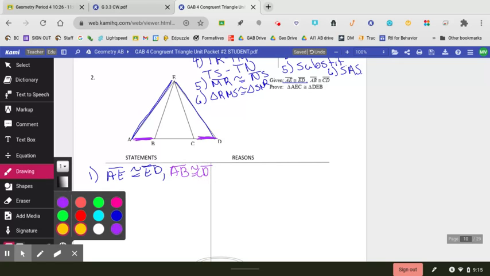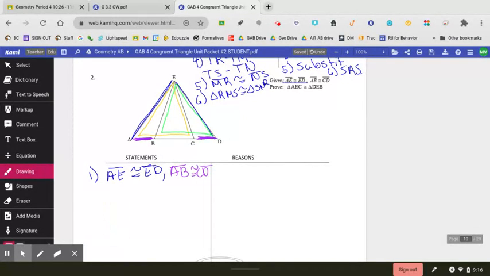Now what I'm trying to prove is that AEC, which is this larger triangle here, is congruent to triangle DEB. I'm trying to prove that yellow is congruent to that green. So I want you to pause and think about it, and then come back and I'll go through it.